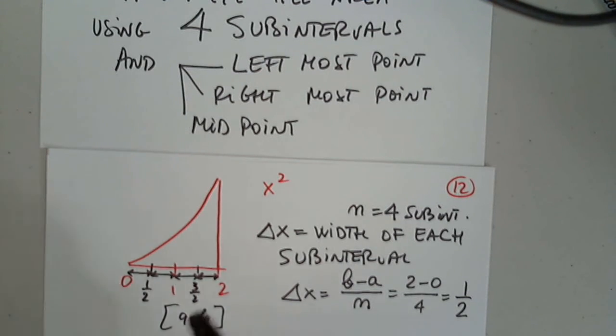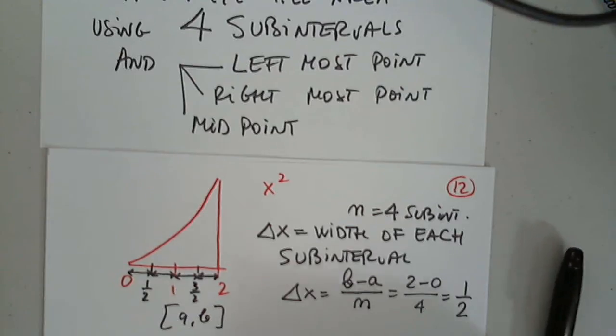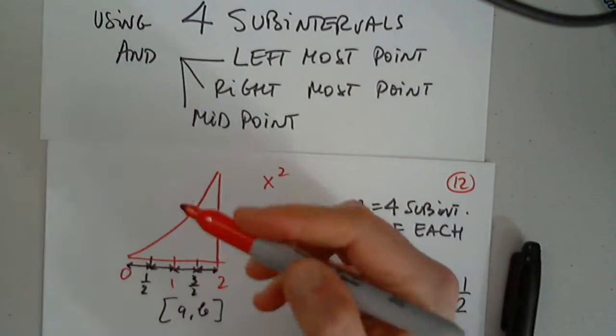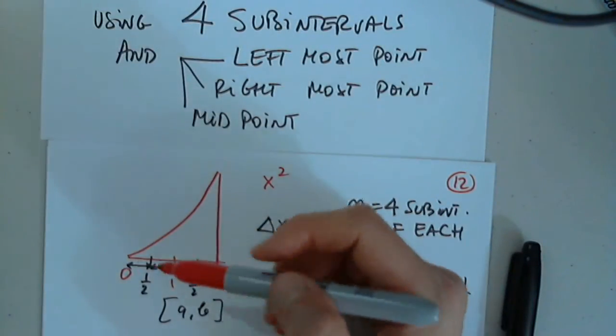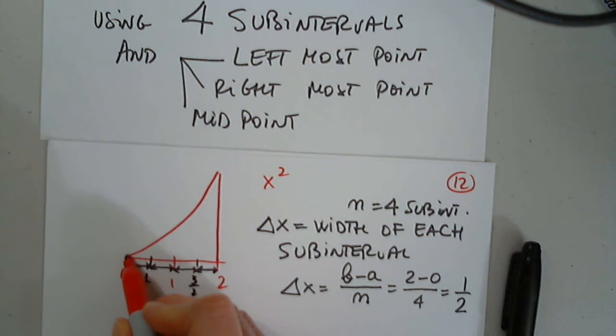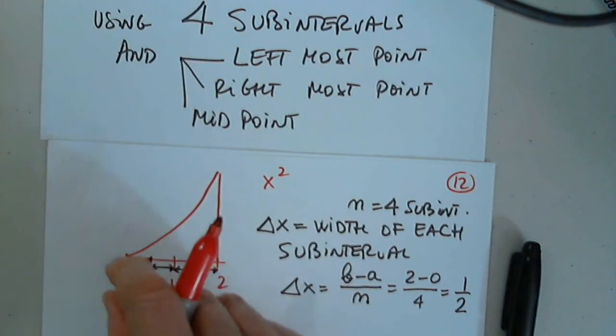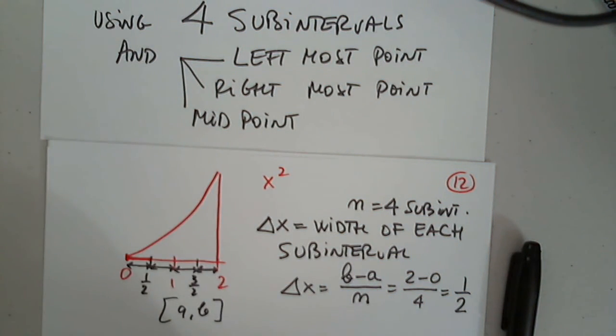Now, what does the leftmost point mean? It means that I will split this area into rectangles. The first rectangle will have the height at the leftmost point. There is no height. The width is 0.5, but the height is 0.